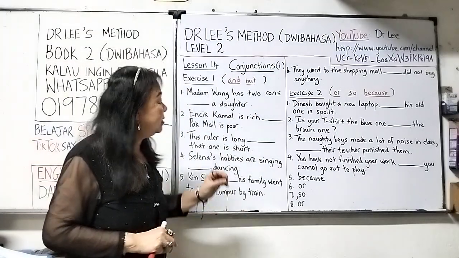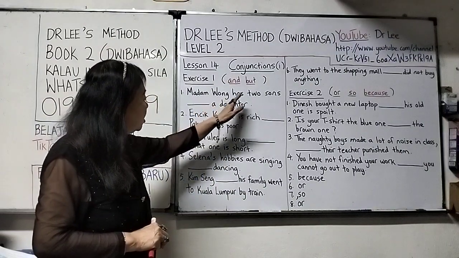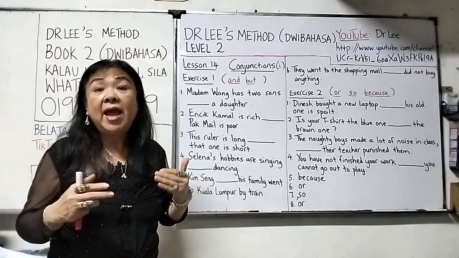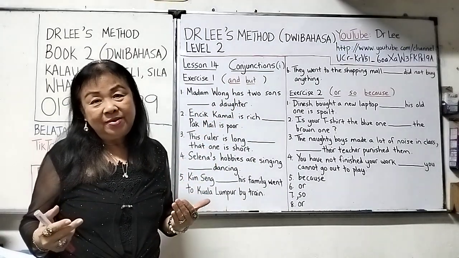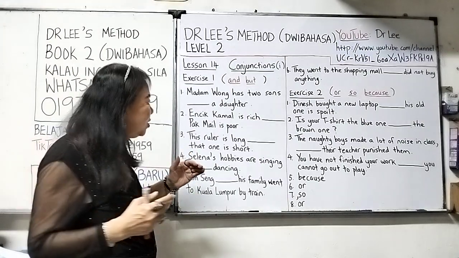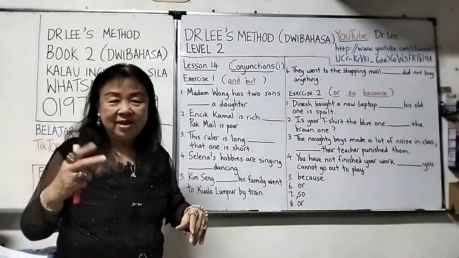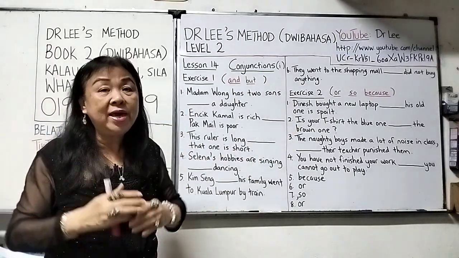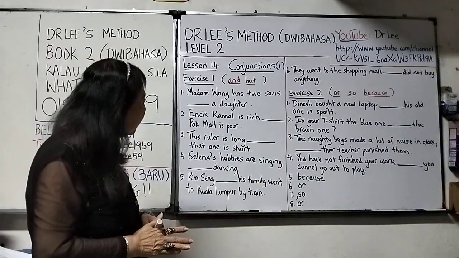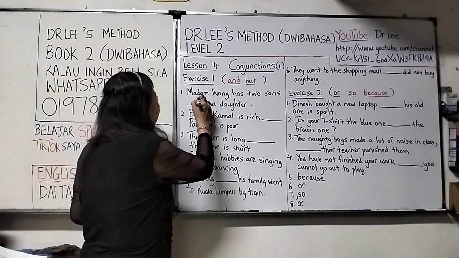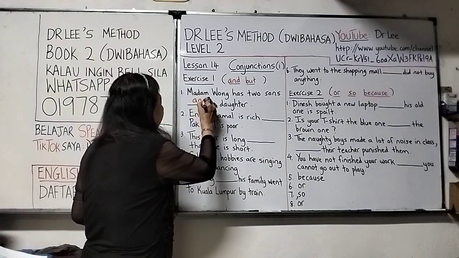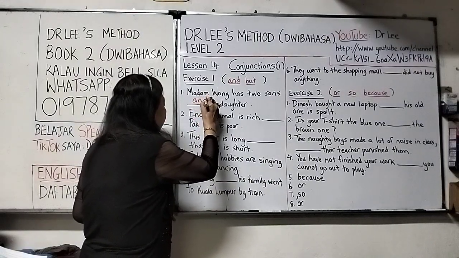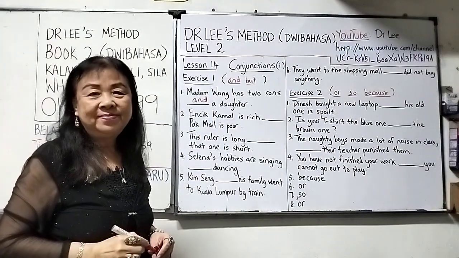So the first one is, Madam Wong has 2 sons and a daughter. Because actually it means to say Madam Wong has 2 sons. Madam Wong has a daughter. So when you join the sentences together, it becomes Madam Wong has 2 sons and a daughter.